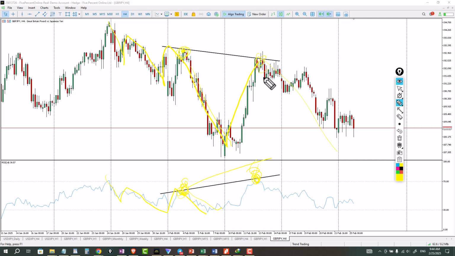When he sees something like this type of hammer candlestick here, or this big bearish engulfing candlestick, he will quickly enter into the market with the trade setup, place his stop loss ideally above the high where the bearish divergence started. Why? Because the idea is that if price was for whatever reason going to go above and break this high, we no longer have a bearish divergence in the market.